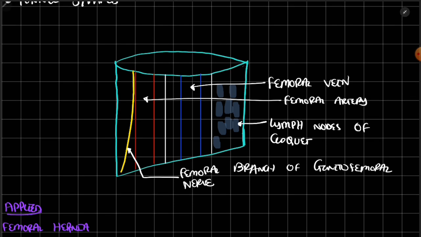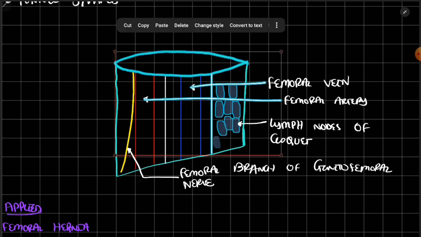Let me highlight that space. In the medial compartment, since lymph nodes are present, the loops of the intestine can get entangled in this space and produce a lump.